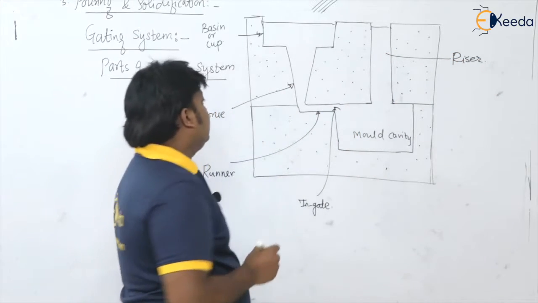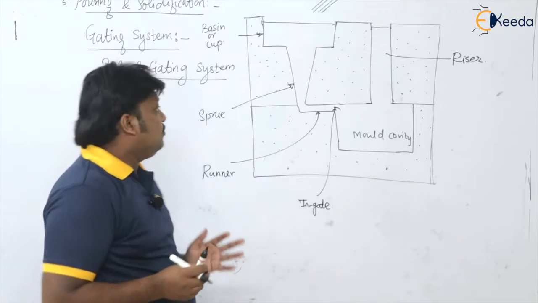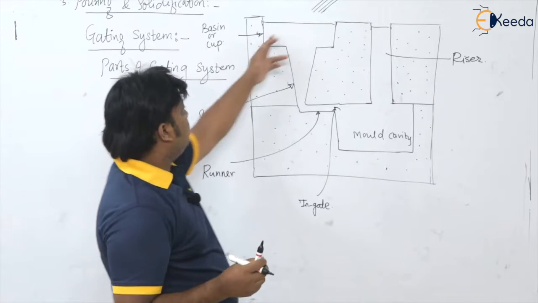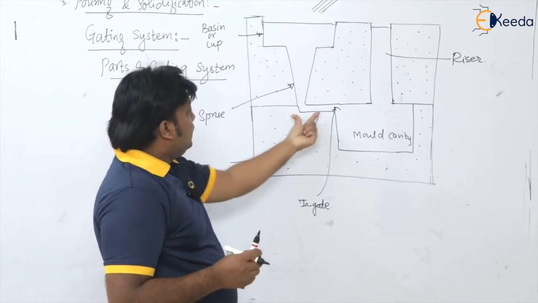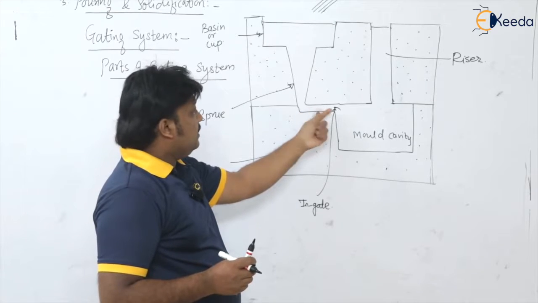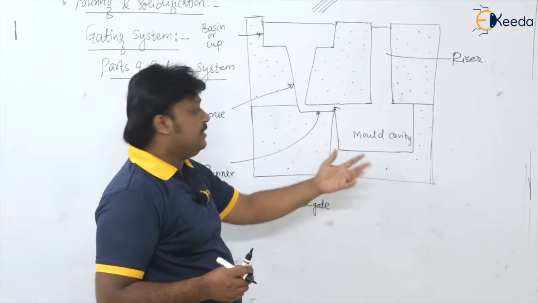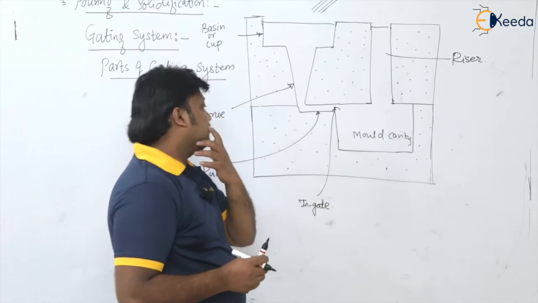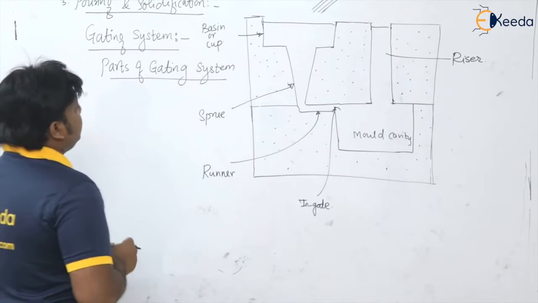So see here, there are four basic parts that we are considering as part of the gating system: this is the cup, then this is the sprue, this horizontal one is the runner, and the actual point from where the molten metal enters the mold cavity is known as the ingate. So what are the basic parts of the gating system?